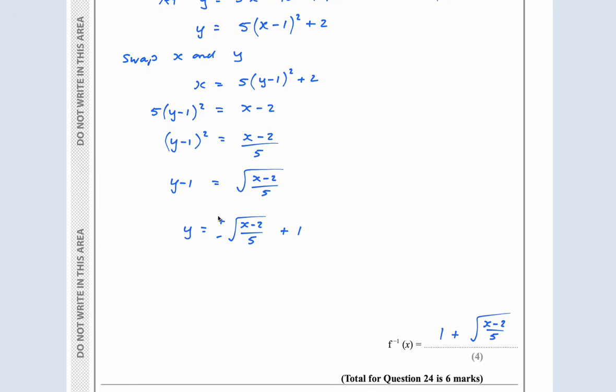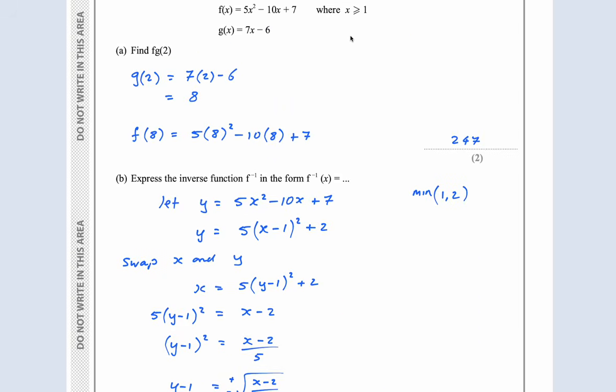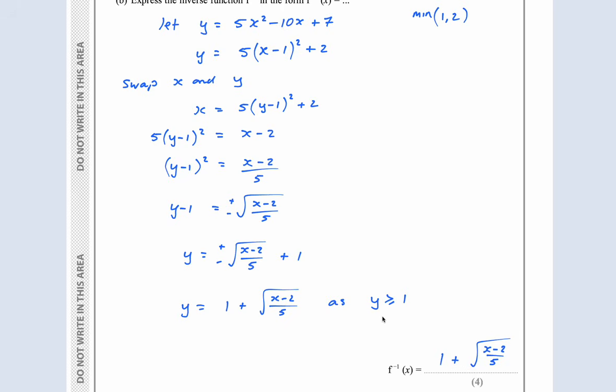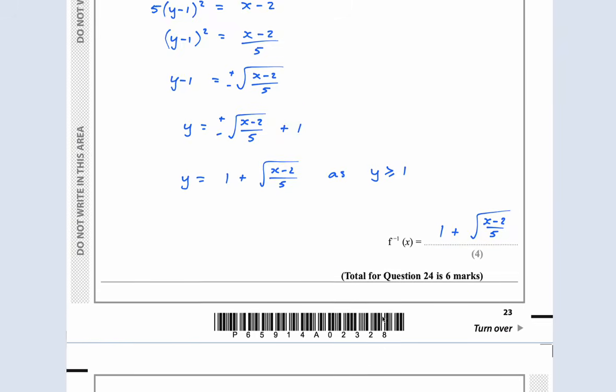So if this is plus or minus, like this, but the inverse function must be greater than 1, so I better write that. y equals 1 plus the square root of (x minus 2) over 5, as y is greater or equal to 1. That is because, guys, the domain of the function, which is this guy, is the same as the range of the inverse function, which is this guy, greater or equal to 1.